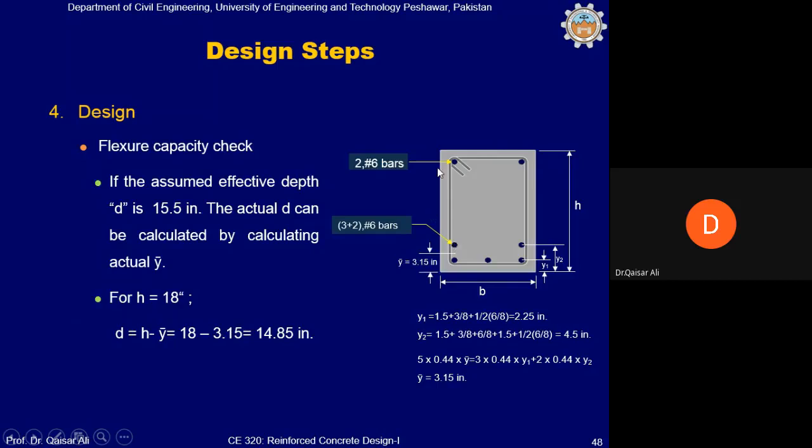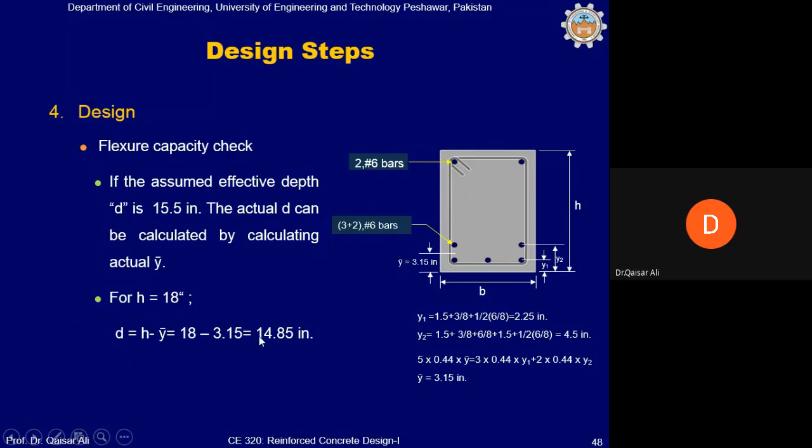So in the beginning we will assume some effective depth d based on our experience. For example, in this case of an 18-inch deep beam, we initially assume an effective depth of 15.5 inch. When effective depth of 15.5 inch is assumed, then d is equal to h minus y bar.